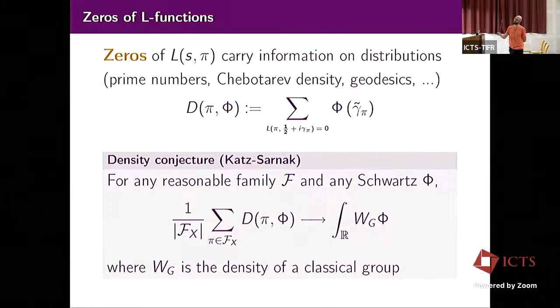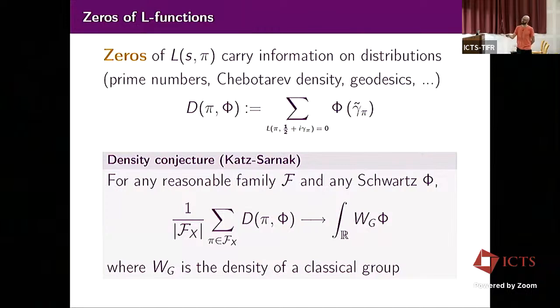So what the conjecture says, a high-level conjecture: for any reasonable family, I won't discuss what that means, but basically families arising in practice, and any Schwartz function, we have that on average, that left quantity is that, where F_X is always the truncation of the family as I defined earlier to a finite family.